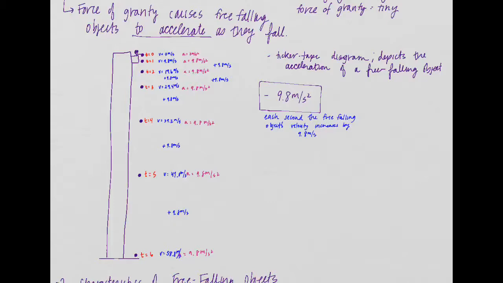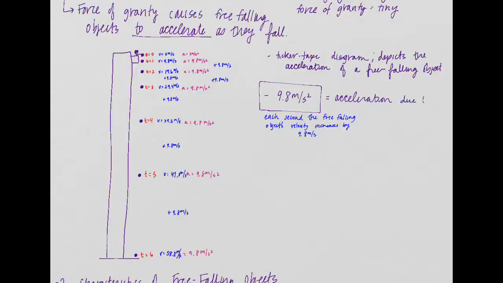Okie dokie, so we are, of course, going to give this variable, our acceleration variable, a name: we're going to call it the acceleration due to gravity, or acceleration of gravity.